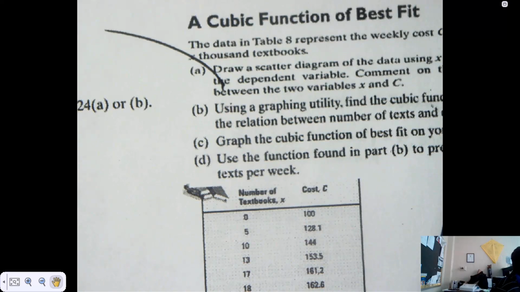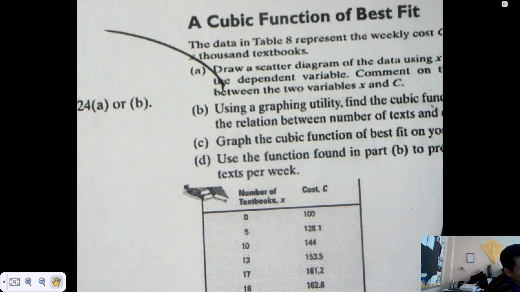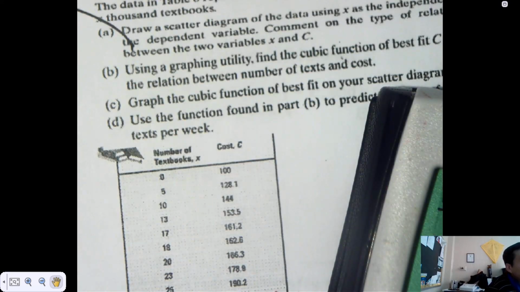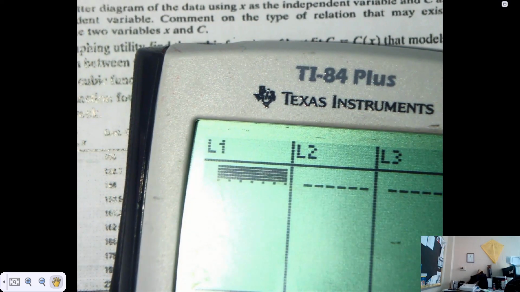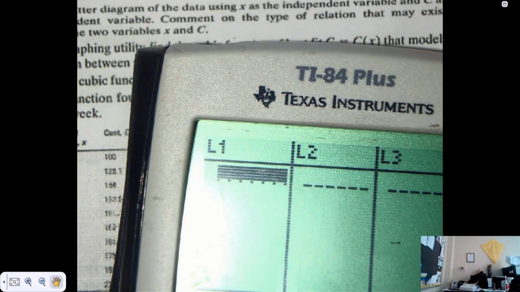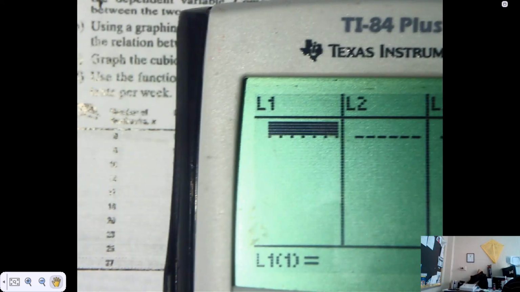It's not the first time we've done this. Stat what? Stat edit. Stat edit. It's pretty obvious. I mean, you put the first column in the first column, you put the second column in the second column. Like, you don't have to sit here and think about what you're supposed to do.